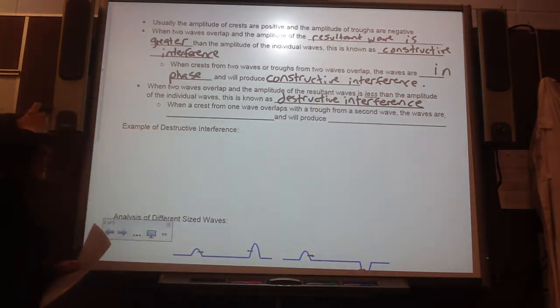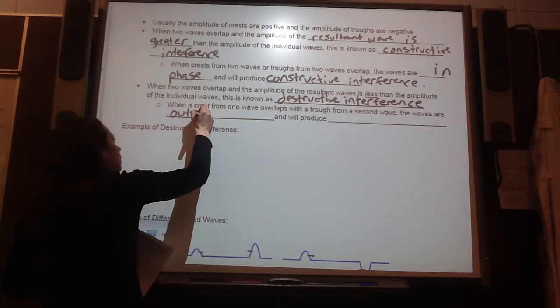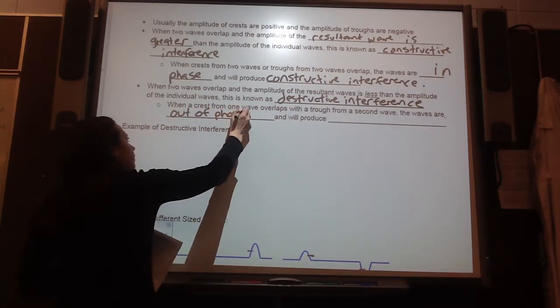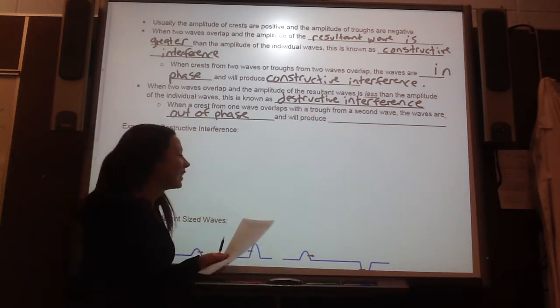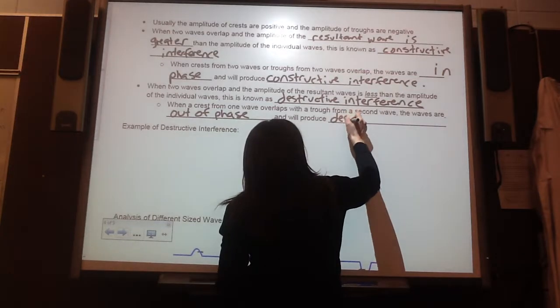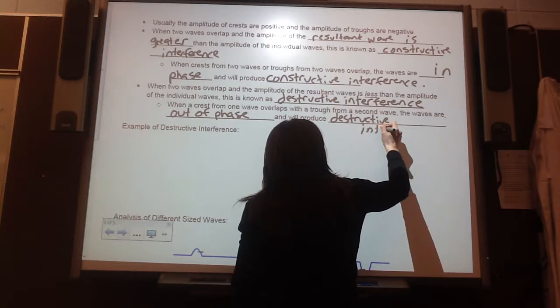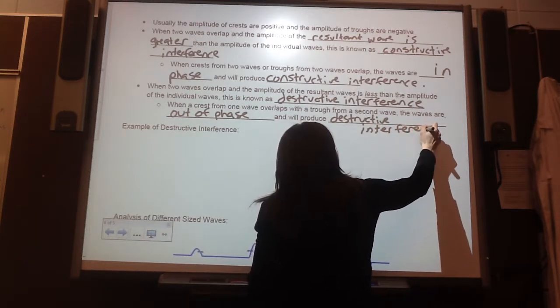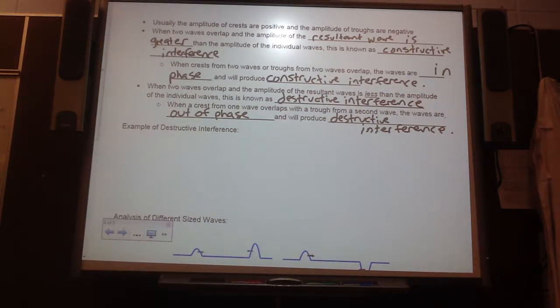When a crest from one wave overlaps with a trough from a second wave, the waves are out of phase. This was what you were trying to say, Dylan, that they were out of phase. That's his word. Yeah, and produce destructive interference. And we already drew in our diagram of destructive interference on our other sheet.